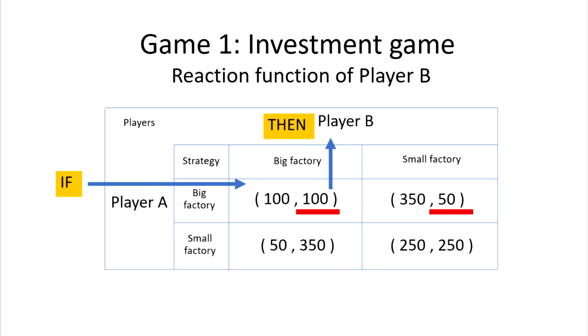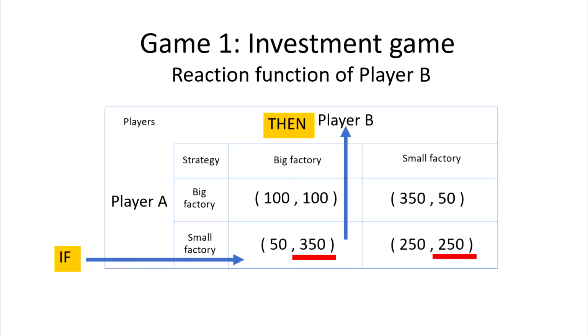The payoff on the right hand side in the bracket belongs to player B. Therefore, player B has to compare between 150 and 100. Which one is better? 100 is better, of course. Therefore, if player A chooses to build a big factory, then player B will choose to build a big factory too.